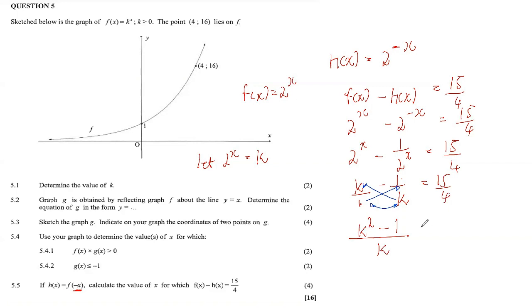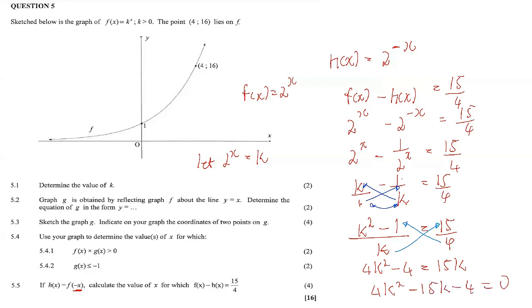Then it equals 15 over 4. Now I can cross multiply, so k squared minus 1 cross multiplied with 4, giving 4k squared minus 4 equals 15k. Now bring the 15k over to this side: 4k squared minus 15k minus 4 equals 0.